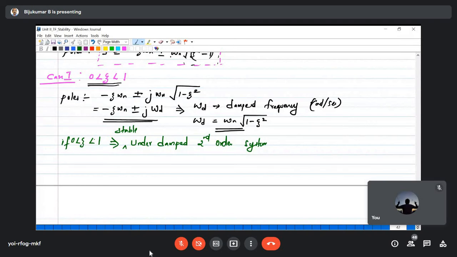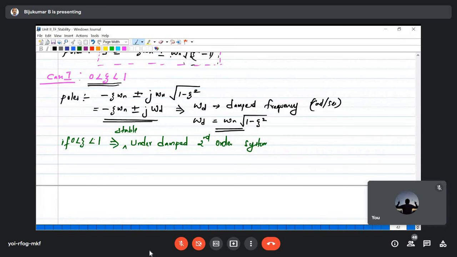It should be complex, correct. So if we draw the poles, how can we draw it? I draw the S plane. This is the imaginary part.